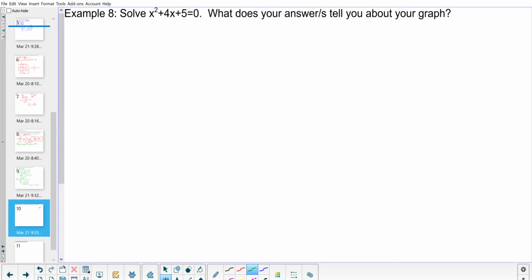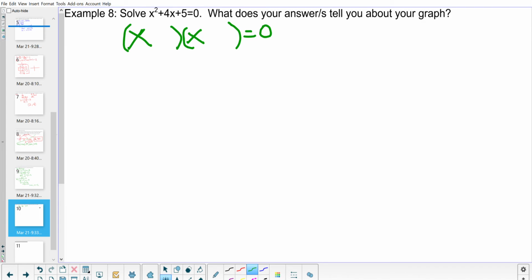Okay, solve this quadratic. So what you might do is start guessing and checking here. So you need x, and then you need factors of 5 that sum to be 4. Okay, so you've got 5 and 1 to work with.